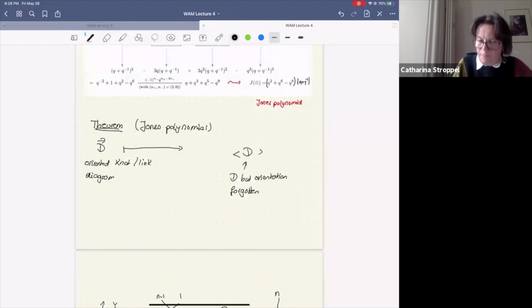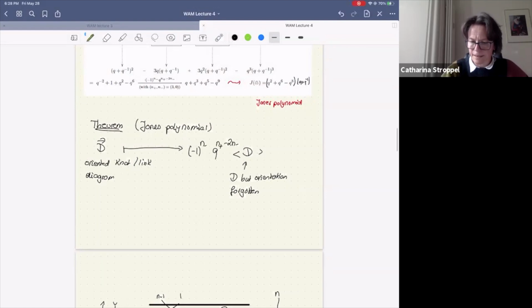I take the Kauffman bracket, and then I just renormalize it a little bit with -1 to some power and Q to some power. So the power is n plus -2 times n minus. And this power is depending on my orientation.